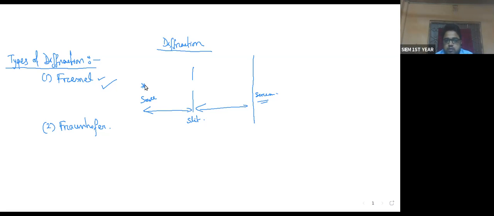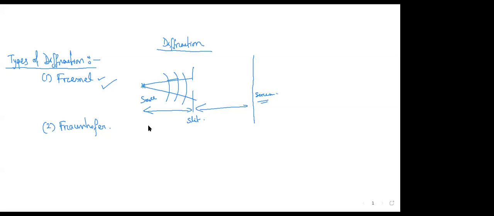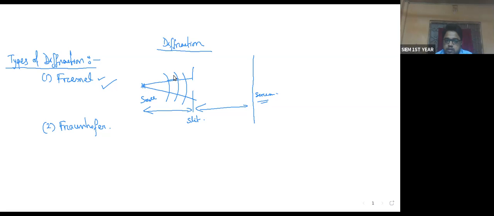That means the wavefront that is incident on a screen is not parallel, it's not a plane wavefront. This wavefront may be like this. Do you know what a wavefront is? Yes, sir. Okay, so in that case, as the source is at finite distance, the wavefront incident on the screen will not be a plane wavefront.